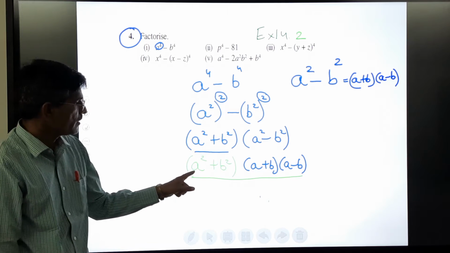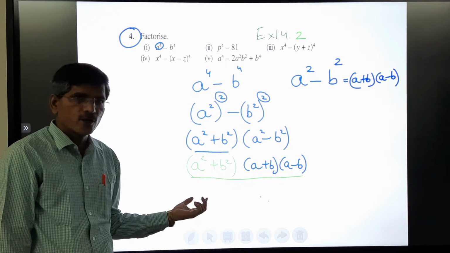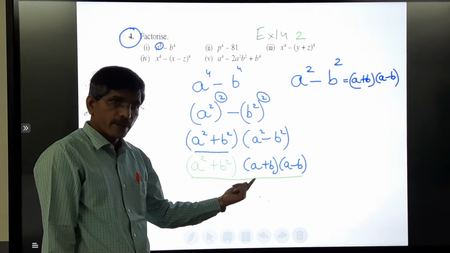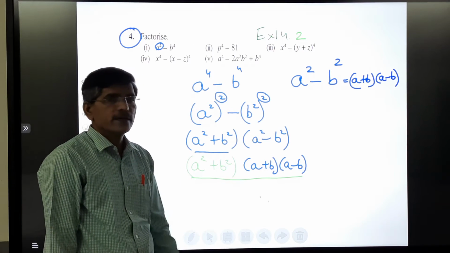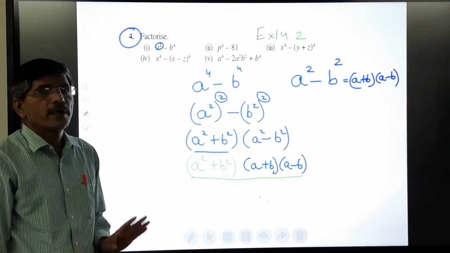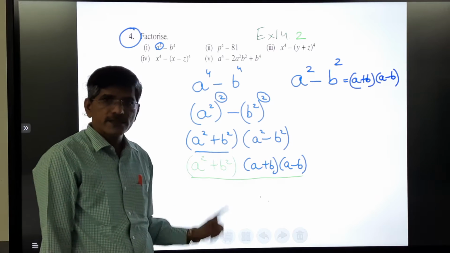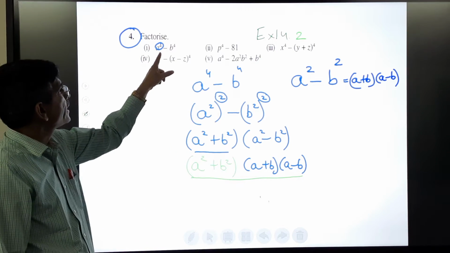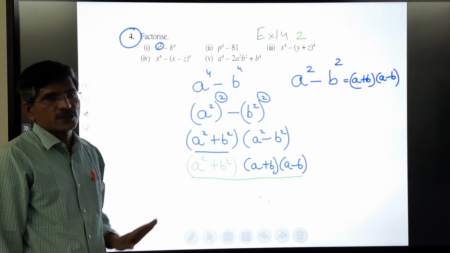That is the first bracket a square plus b square, the second bracket a plus b, the third bracket a minus b. We can apply this when power 4 is there and a negative sign is between them.